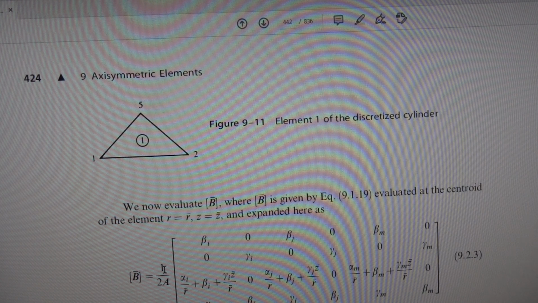for the triangular element and also for the axisymmetric element. This is 1 divided by 2 times the area, with Bi, Bj and Bm, gamma i, gamma j and gamma m.